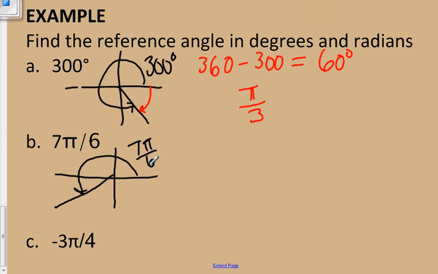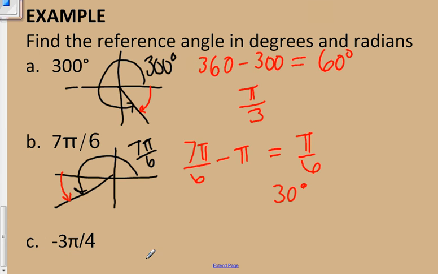So that's why we know it's quadrant number 3. Our reference angle that we're going to look at is right here. So I have 7 pi over 6 minus pi, and my answer is pi over 6, or in other words, it is 30 degrees.